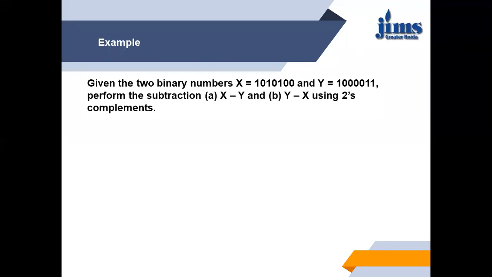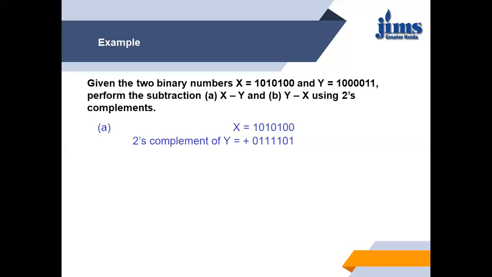Now consider the case of the first, that is a. Now we have to perform x minus y. So we have to subtract y from the x, so we have to take 2's complement of the y. The 2's complement of y comes to be 0 1 1 1 1 0 1.